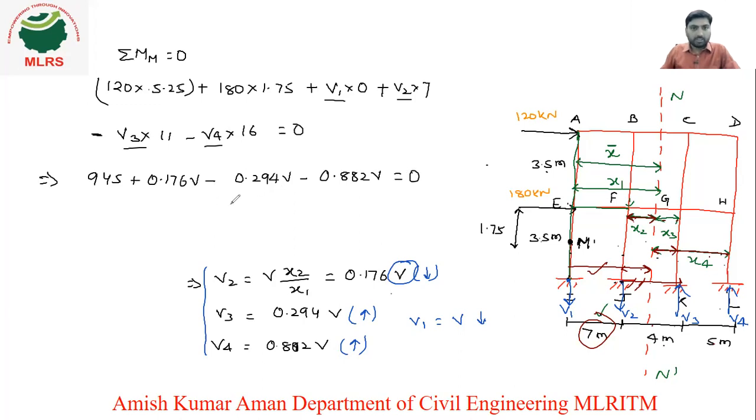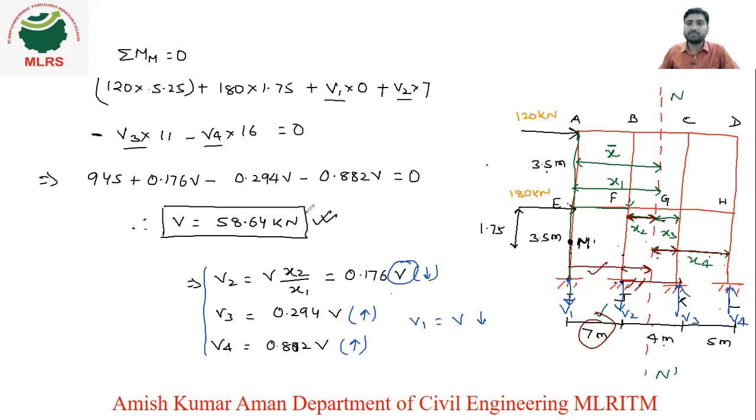So from here calculate this V value, because we have only this one unknown V. If you calculate, V value will be equal to 58.64 kilo Newton.